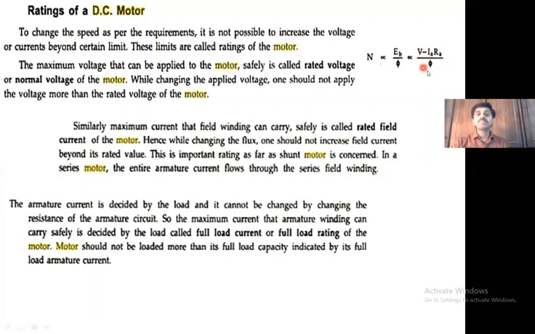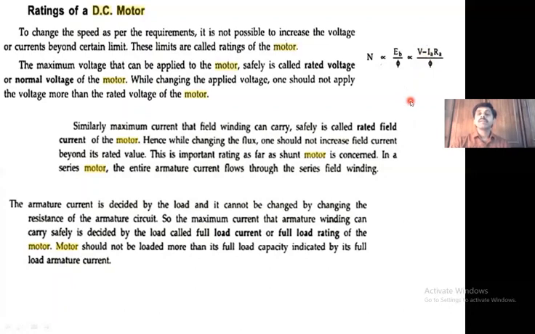So the maximum current the armature winding can carry safely is decided by the load. That is called full load current or full load rating of the motor. So the motor should not be loaded more than its full load capacity indicated by its full load armature current.